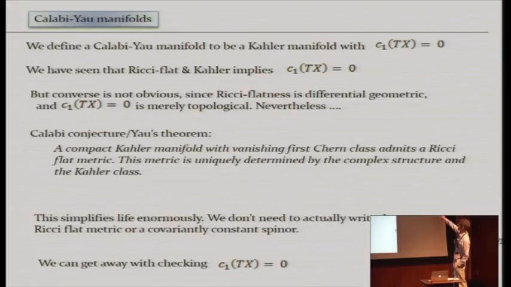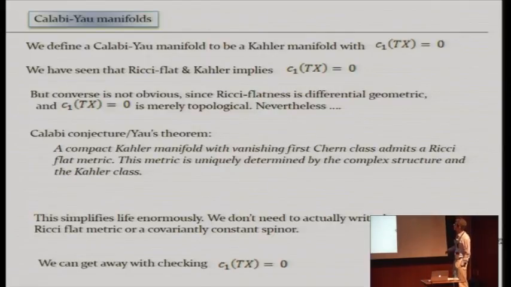So Ricci-flat certainly implies that c1 is 0. Now, the converse is not at all obvious, but it's true. By the converse, I mean Kähler plus vanishing first Chern class. Vanishing first Chern class is a topological condition, while vanishing of the Ricci tensor looks like a differential geometric condition, so it looks like a much stronger condition. One implies the other, but why would the other imply this one?